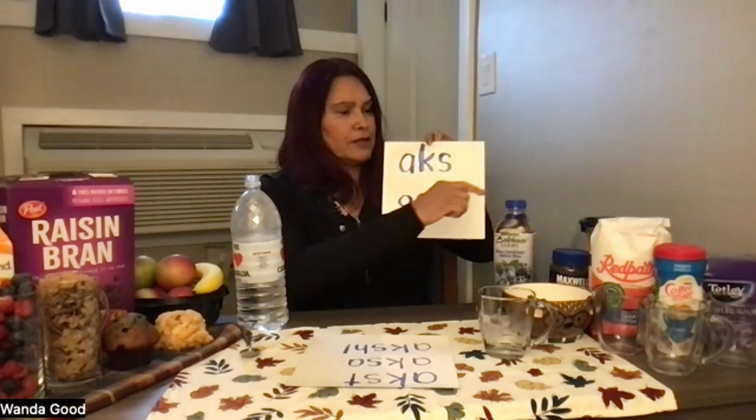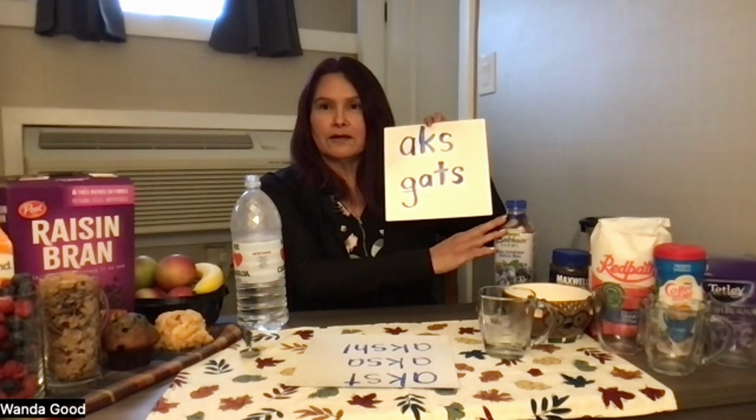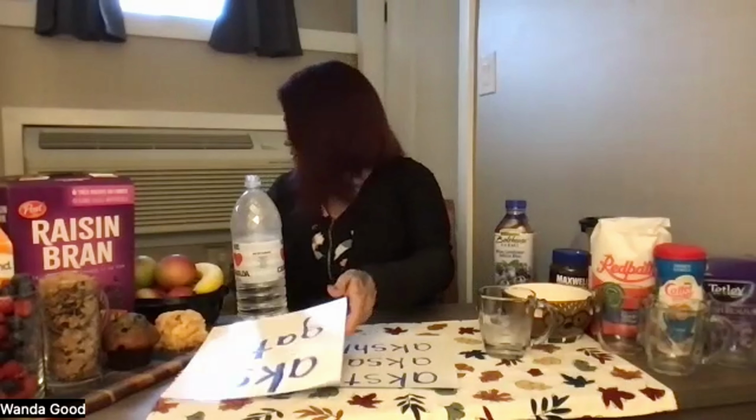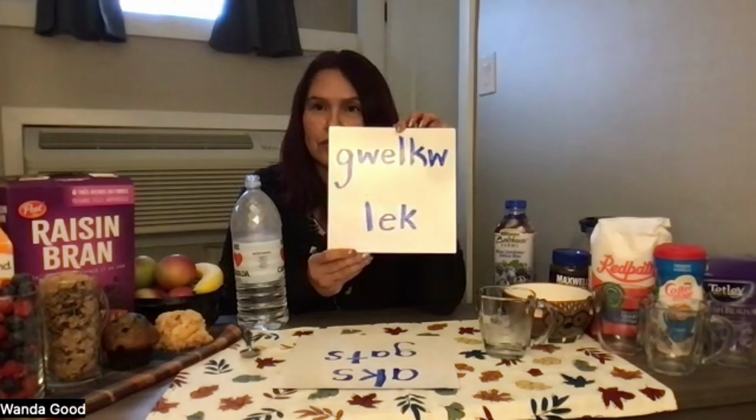Okay, our next term. So the first term is X, the liquid ingredients in our breakfast. The second main term that we will be learning about for our breakfast terms is guelk. Guelk, that's dry.